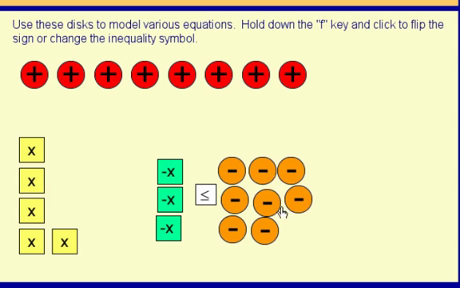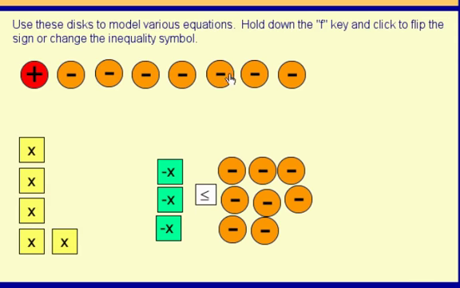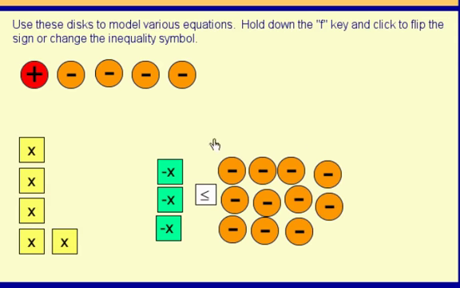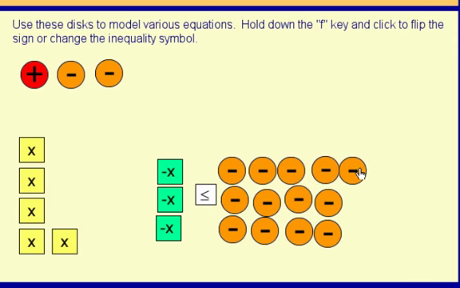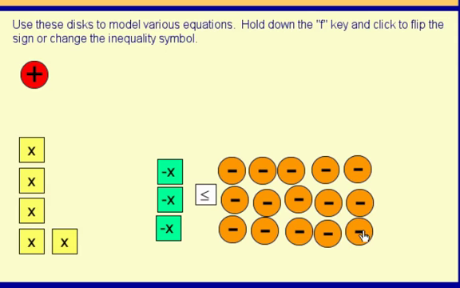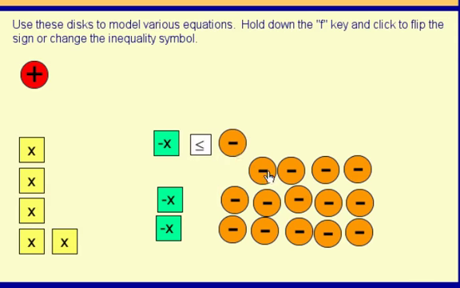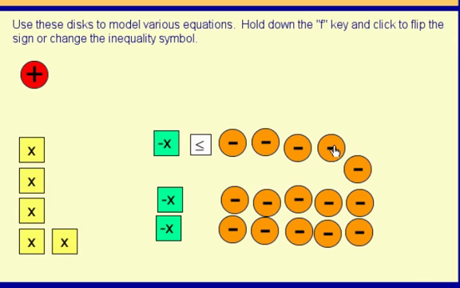And notice how I'm organizing in 3 rows because there are 3 of these negative x's here. Okay, so negative 3x less than or equal to negative 15. And you can easily see that by dividing, you get negative x is less than or equal to negative 5.